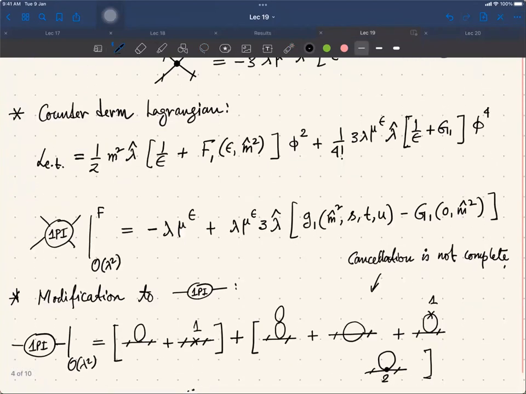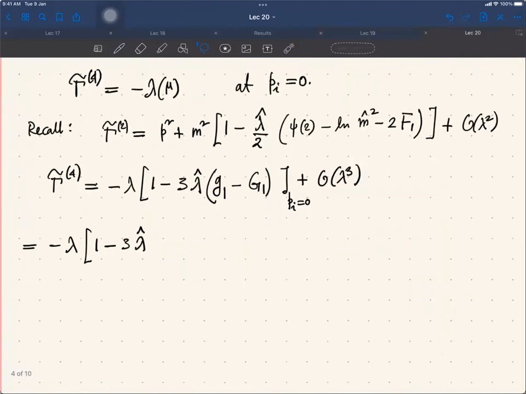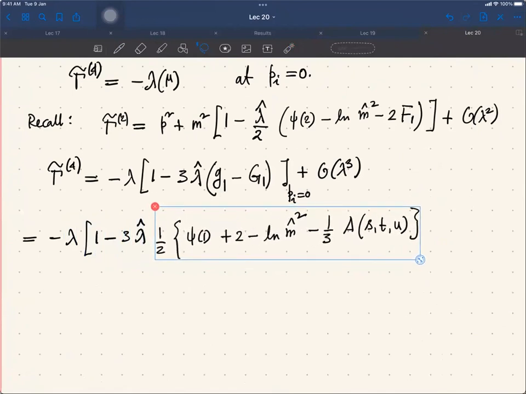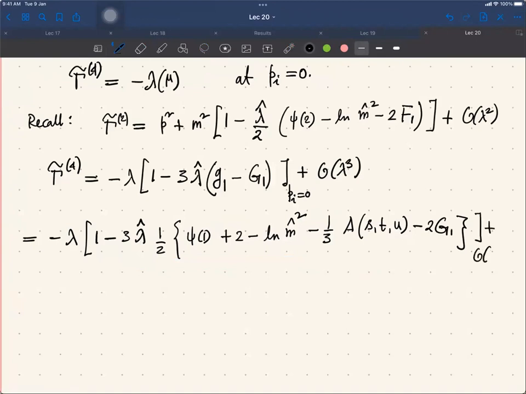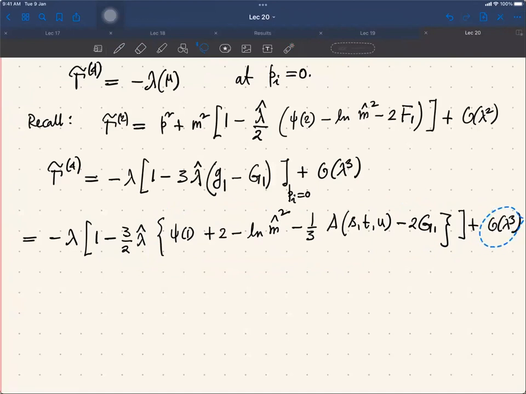Then small g1. Small g1 is given by this, which is half psi 1 minus 2 g1. And we should calculate it at pi equals 0.